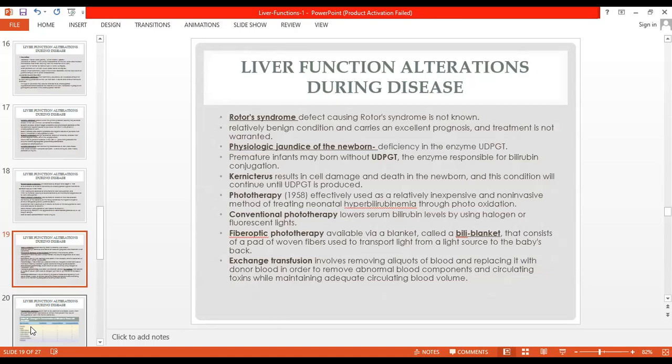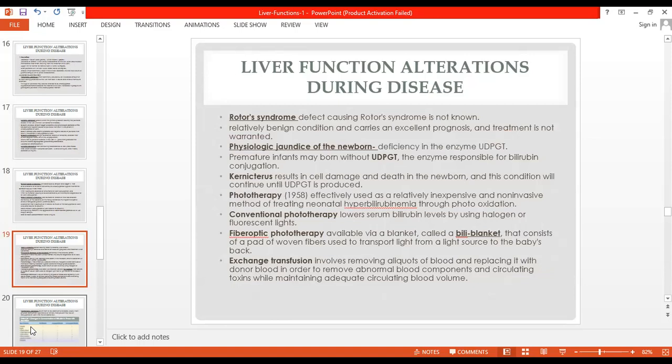Unlike in Dubin-Johnson syndrome, a liver biopsy does not show dark pigmented granules. Rotor syndrome is seen less commonly than Dubin-Johnson syndrome. It is a relatively benign condition and carries an excellent prognosis, and therefore treatment is not warranted. However, an accurate diagnosis is required to aid in distinguishing it from more serious liver disease that requires treatment.